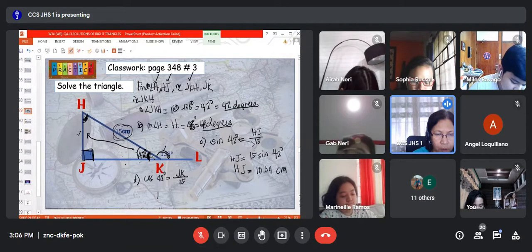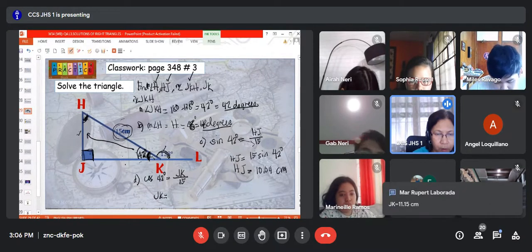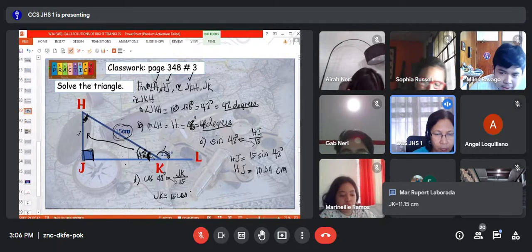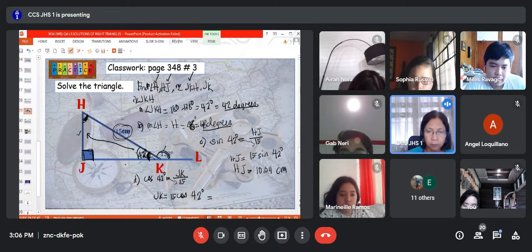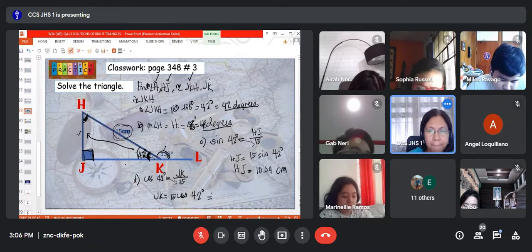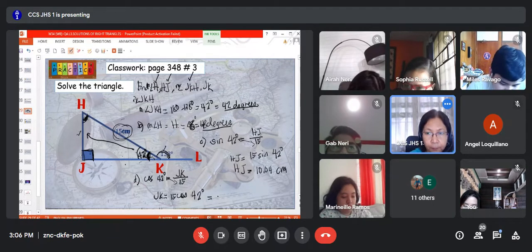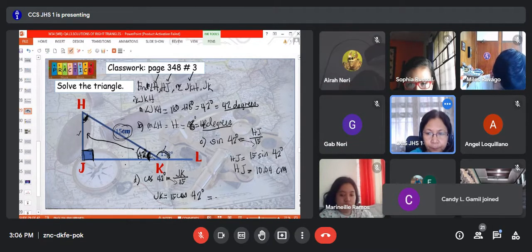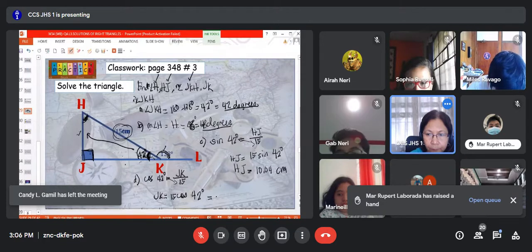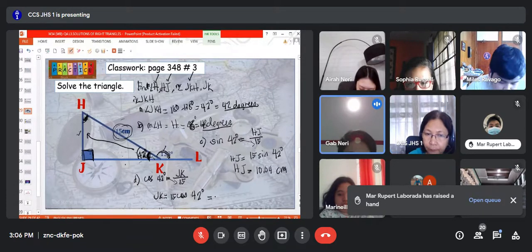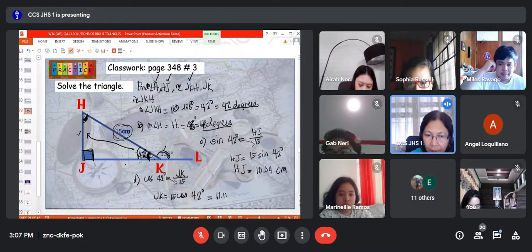Very good. So therefore, JK is equal to, we are going to cross multiply. So how much is JK? 15 cosine 42 degrees. 11.15, sir. 11.15.